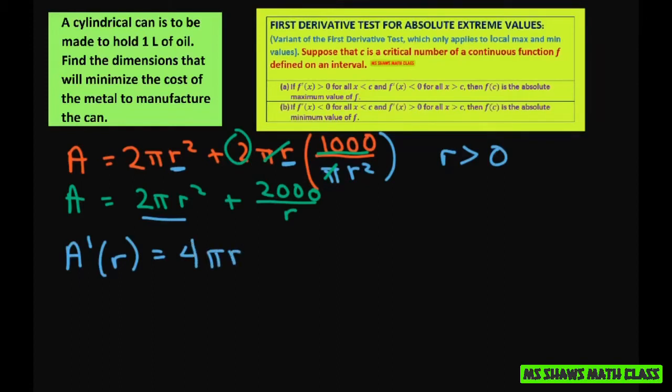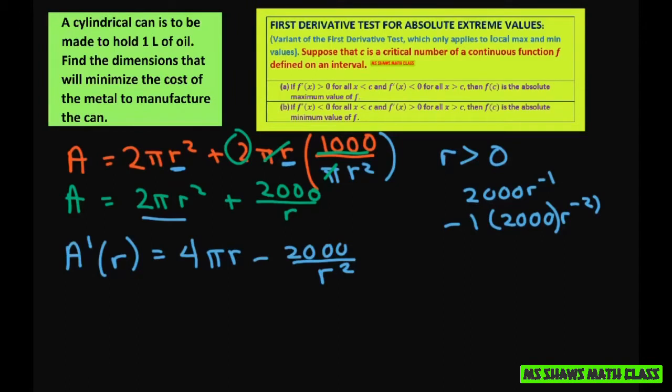And then we can write this as 2,000 r to the negative 1, so that's going to be negative 1 times 2,000 r to the negative 2. So basically you're going to get minus 2,000 divided by r squared.